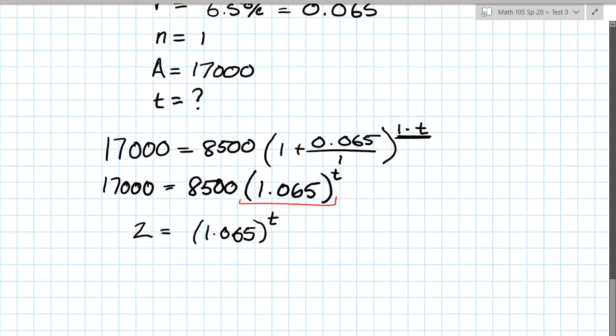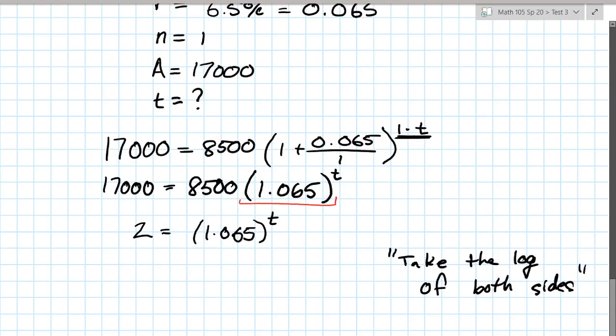There's a property in algebra which says I can take the log of both sides. What we're going to do is write the log of 2 is equal to the log of 1.065 to the t.